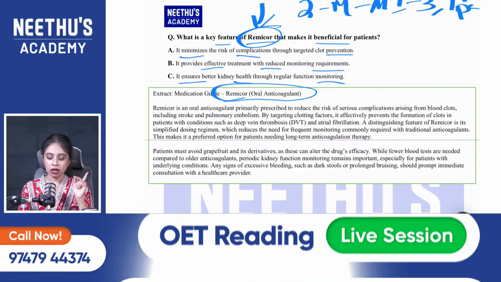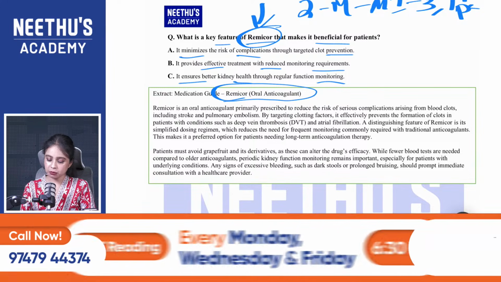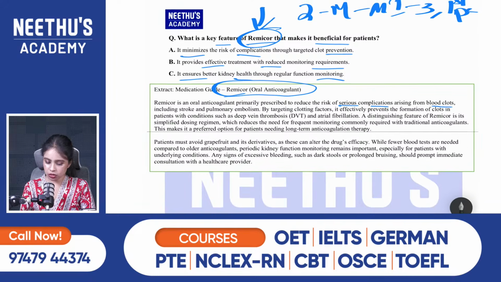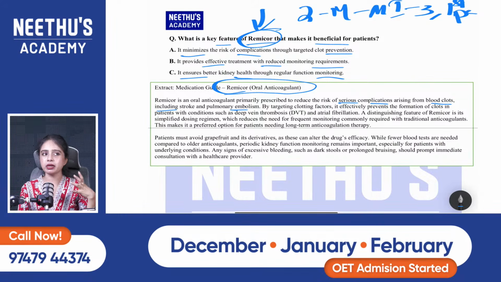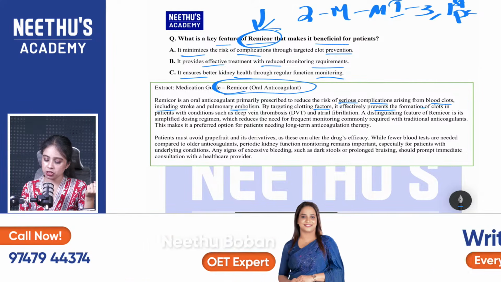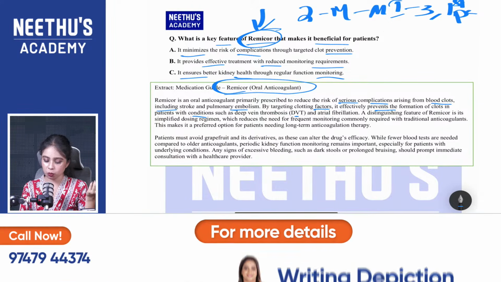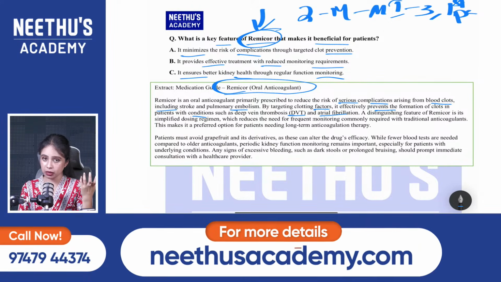Remicor is an oral anticoagulant primarily prescribed to reduce the risk of serious complications arising from blood clots, including stroke and pulmonary embolism. So what is pulmonary embolism, which means fluid buildup in the lungs, right? By targeting clotting factors, it effectively prevents the formation of clots in patients with conditions such as deep vein thrombosis, that is DVT, and atrial fibrillation.